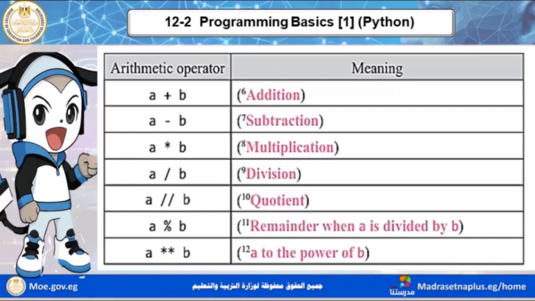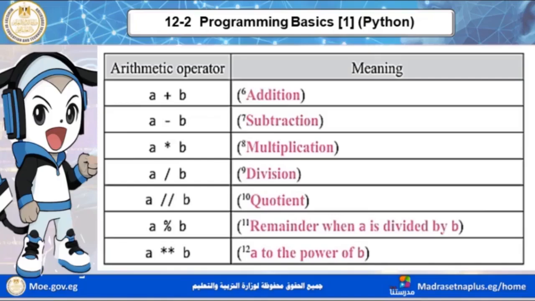Here we use the asterisk. So A * B means that you multiply the value in variable A by the value in variable B.